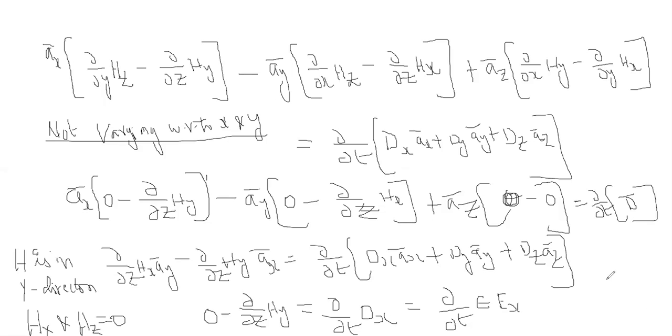Or otherwise, we can write it as dou by dou z of Hy is equal to, here already the minus is there on the left hand side, now I'm writing on the right hand side, minus epsilon dou by dou t of Ex. That is the one equation.